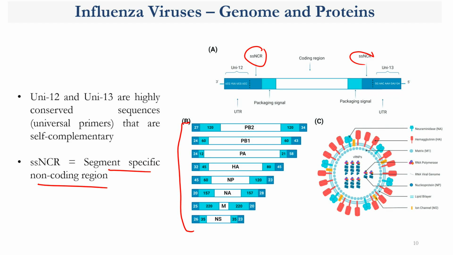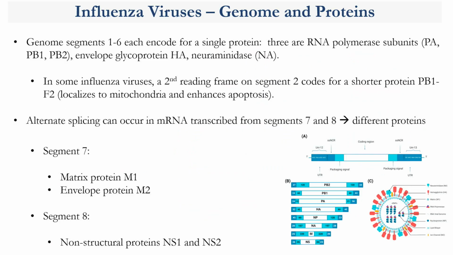Now, let's see how these genomic fragments work and how the influenza virus actually replicates, okay? Because the mechanism is a bit more complicated than what we are used to seeing. So we'll go over that step by step. All right, so your fragments 1 to 6 each encode a single protein, okay?